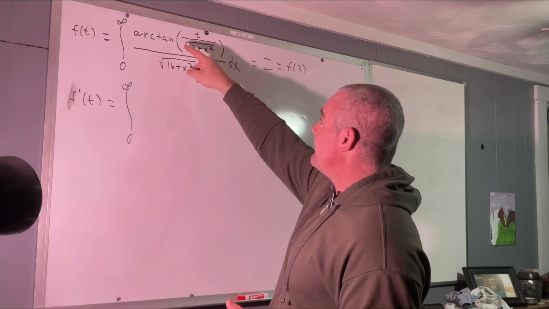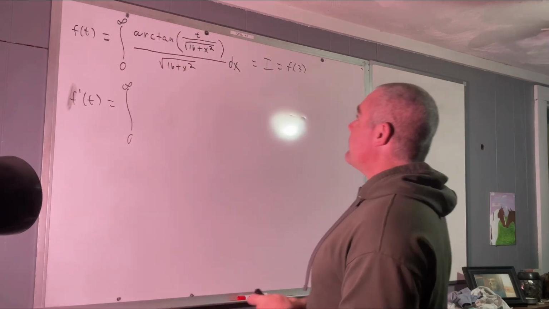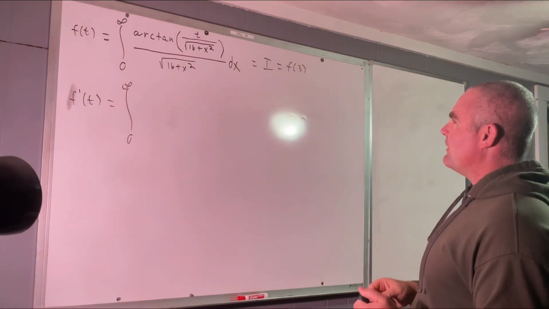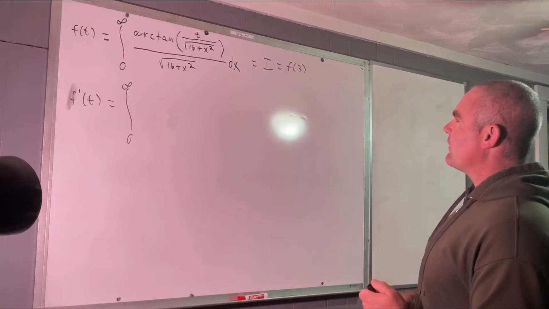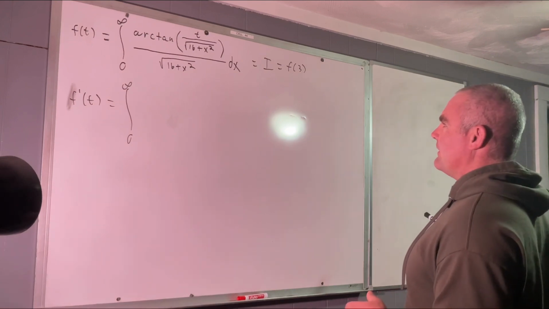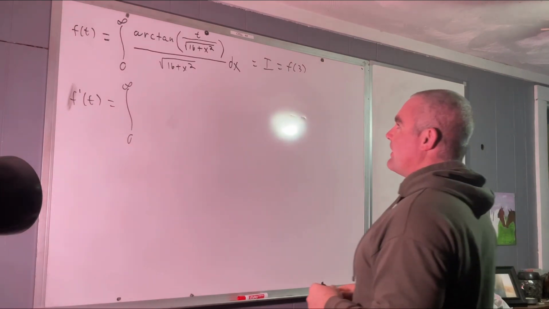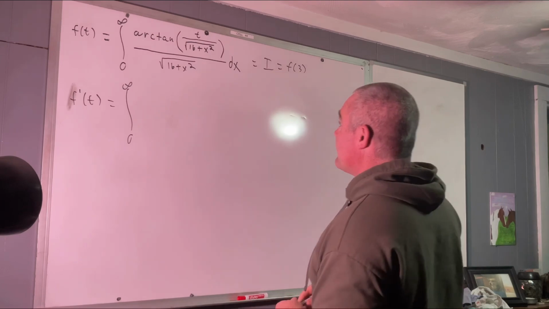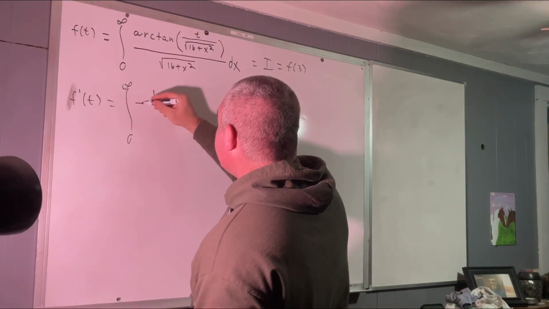But we will have the derivative with respect to t of arctangent of t over the square root of 16 plus x squared. That would give us 1 over t squared over 16 plus x squared, all of that plus 1, times 1 over the square root of 16 plus x squared, and then again times 1 over the square root of 16 plus x squared.